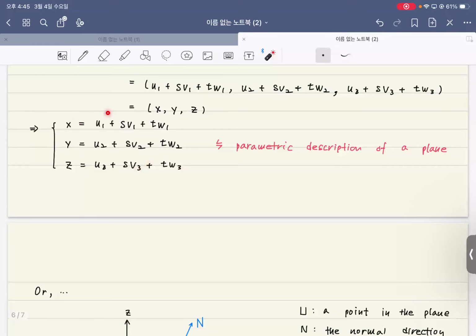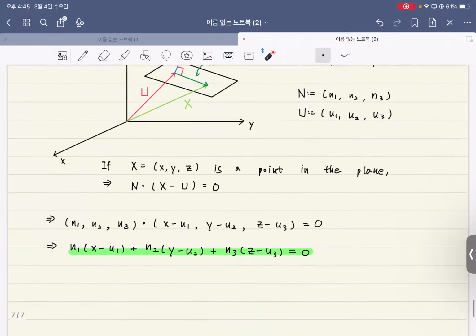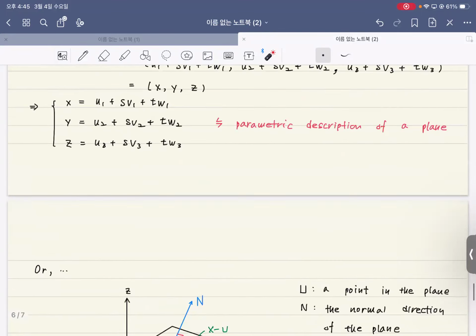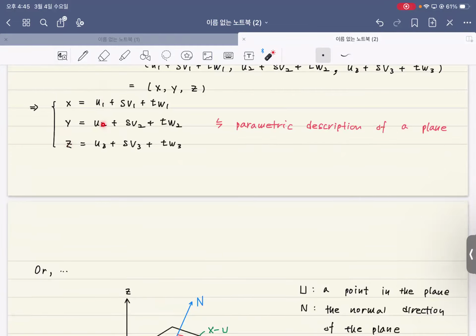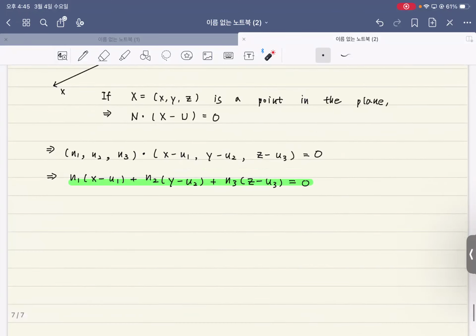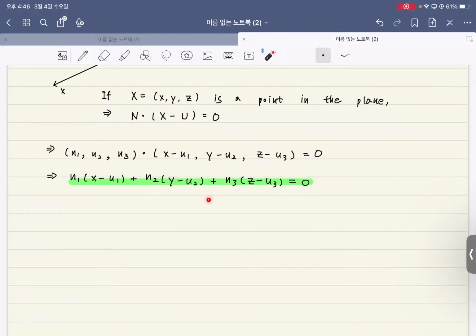Okay. Lastly, let us compare this with the parametric description. That is going to give us more explicit coordinates of x, y, and z, because whenever you plug in the parameters, it gives you the x, y, z coordinates of the plane. But on the other hand, you'll need 3 different equations. However, this description needs just one single line.